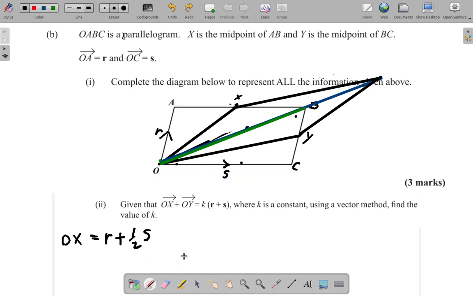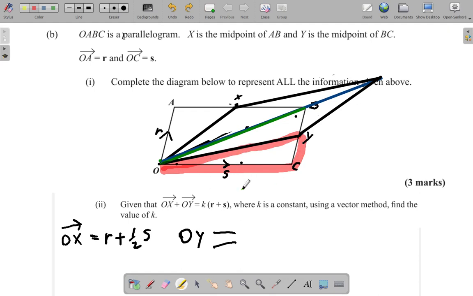Now let's go to OY. What is OY about? Let me put the arrows. What is OY? From O to Y, OY is OC plus CY, using the triangle law.